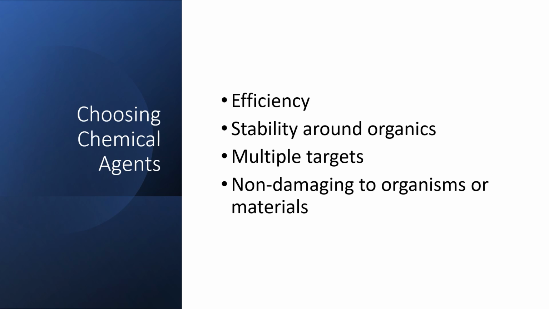When choosing chemical agents for your lab work, you want to think about a couple of factors. You consider its efficiency, meaning how quickly and the minimum dose it needs to get the job done. Its stability around organics, meaning can it do its job when you apply it to organic materials? How many targets can it be effective against? Is it damaging to other organisms or materials that you use in your research?